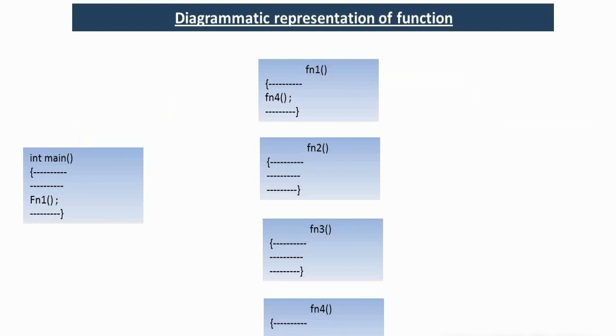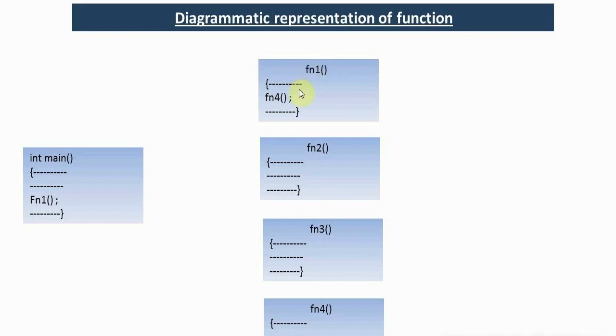But first, let me explain diagrammatically this whole concept around functions. Suppose this is one single program written in C language. This is the whole program, and it consists of many functions.